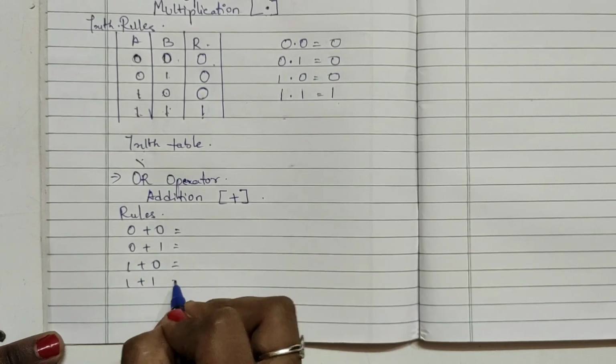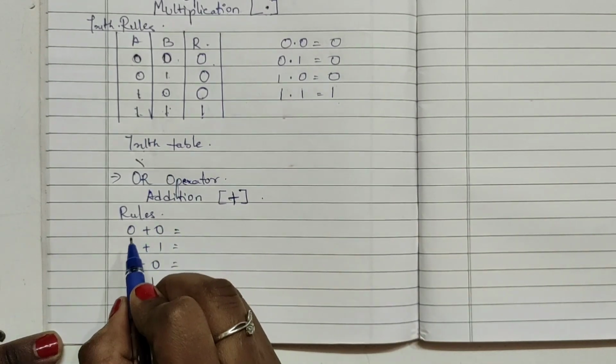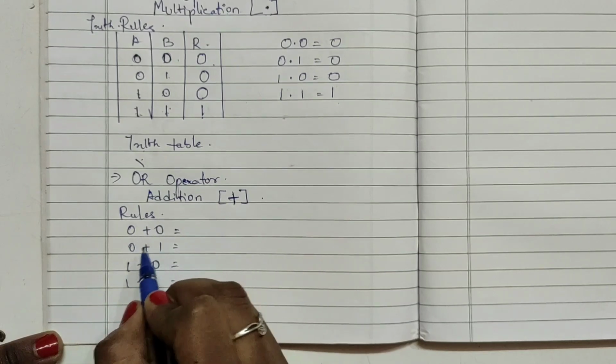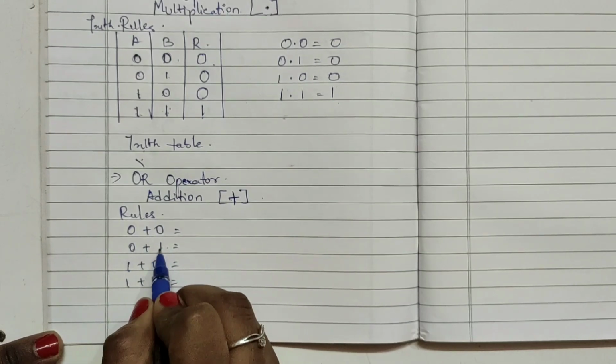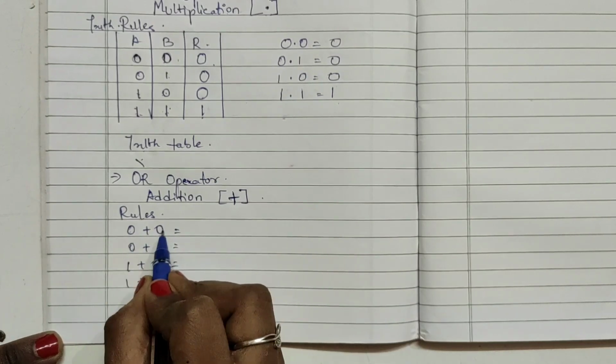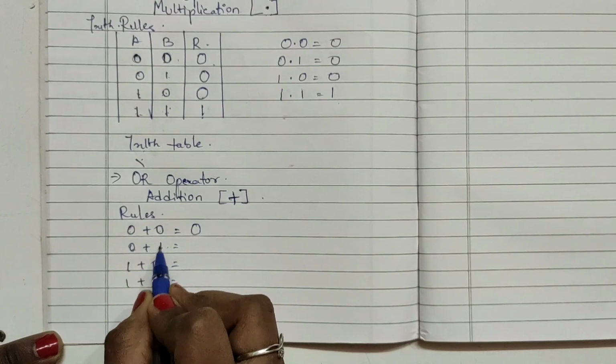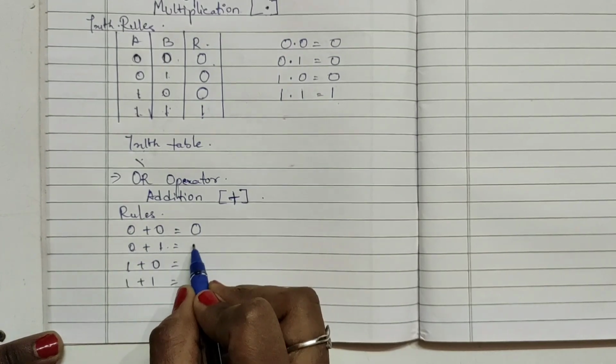The logic behind the OR operator is that if either of the conditions is true, then your result would be true. Here it is not satisfying any condition, so the result is false. Here 0 plus 1, it is satisfying one condition, which is true, so it will be true.